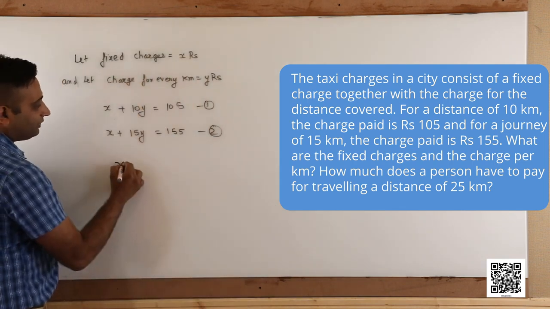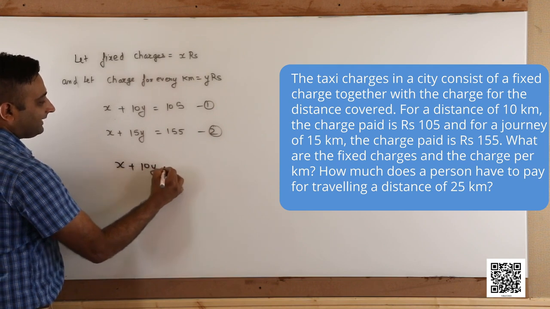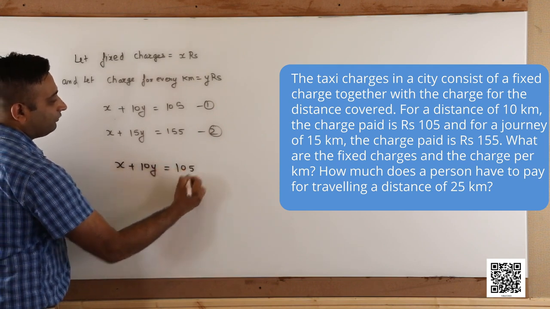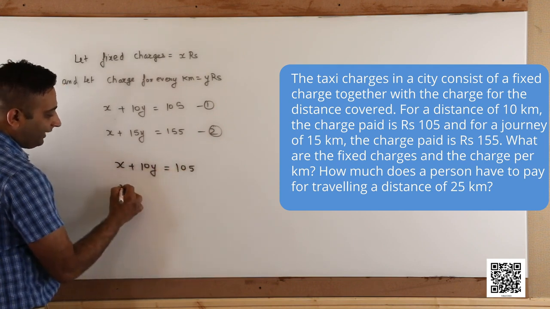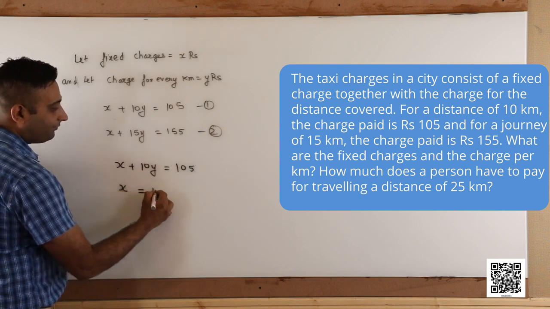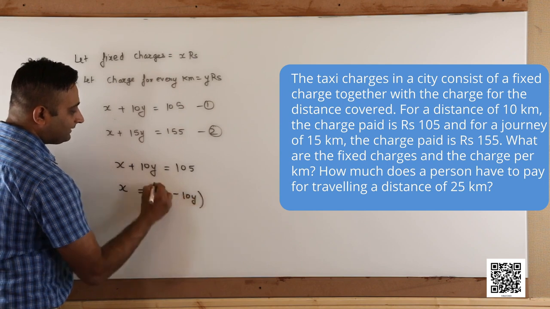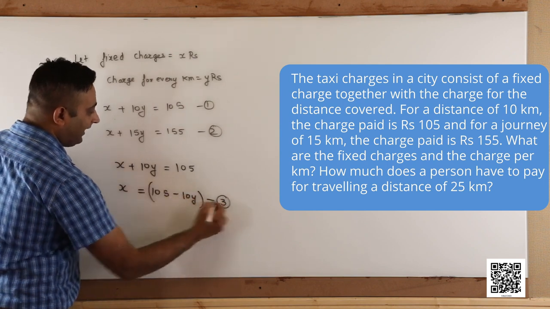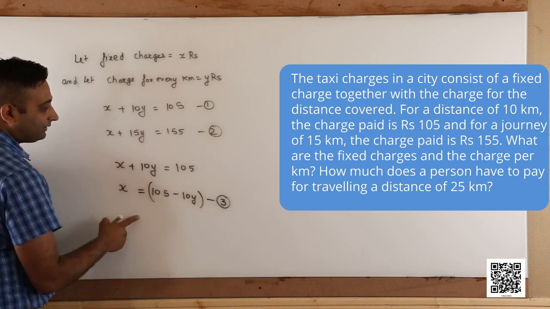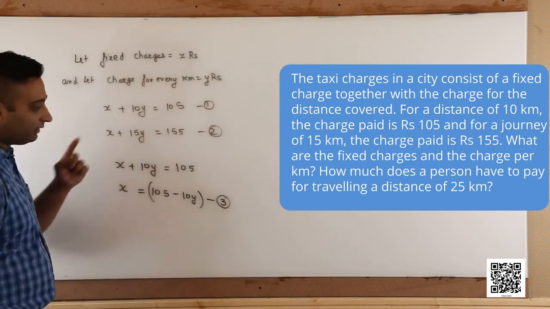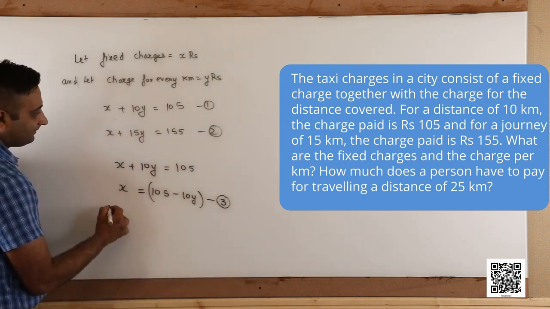We will rewrite the equation number 1, that is x plus 10y is equal to 105, and we will find x in terms of y and substitute the value of x found in equation number 3 in equation number 2.